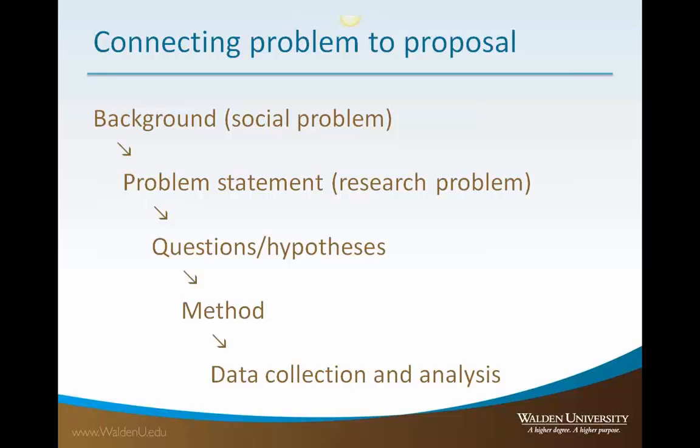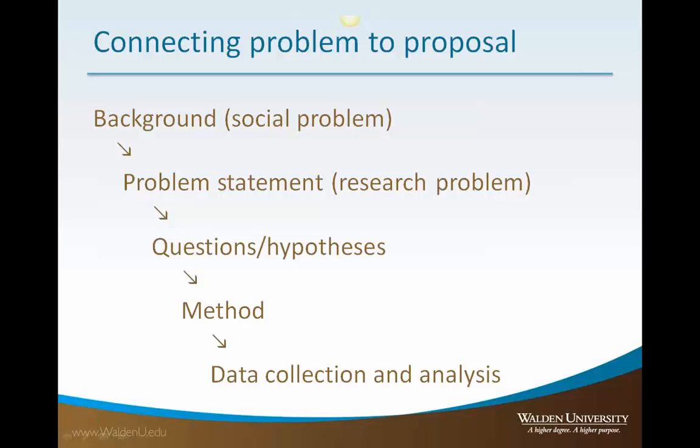Likewise, if you're connecting your research problem in your proposal, then you have the background describing whatever the social problem is, but you explain how it becomes a research problem. You explain where this social problem has been addressed in the literature. And this is the case regardless of writing course paper, CAM, or proposal.